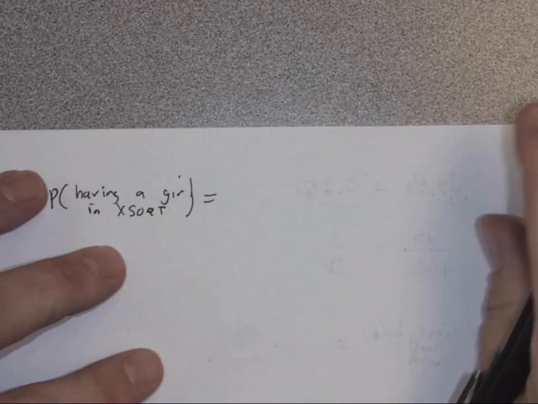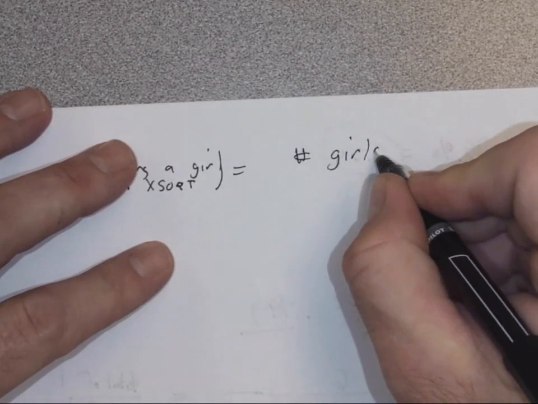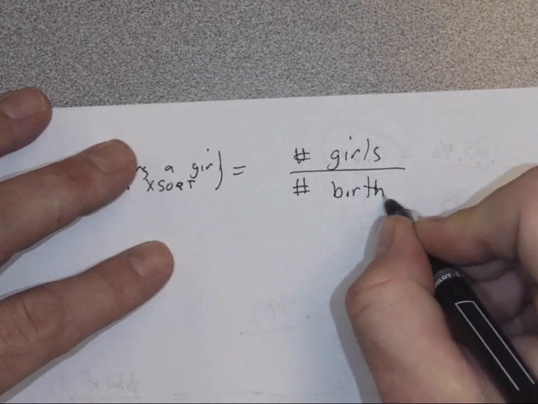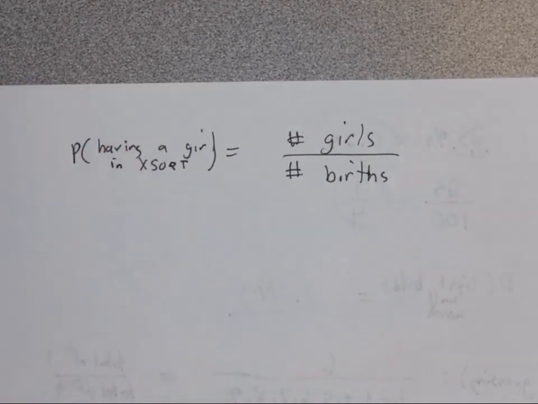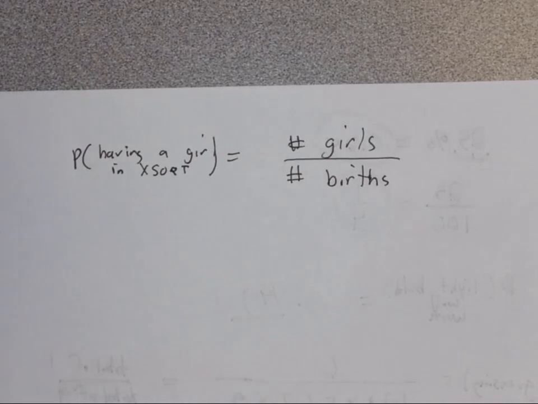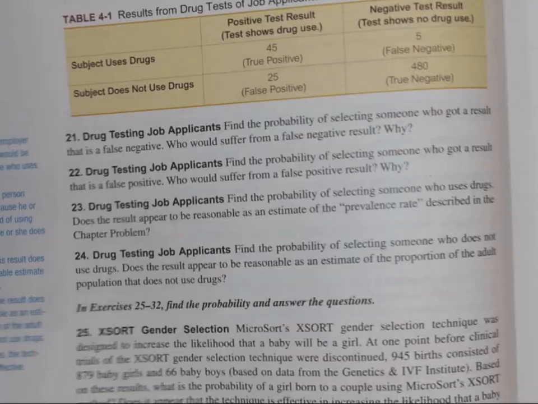The way we know this, it's going to be the number of girls divided by the total number of births, right? You guys agree? Since we're doing some kind of procedure, it's not equally likely to happen, so I can't just use the sample space. I can't just go G over BG, because once they've done this method, now you've changed the probability of having a girl. So how many girls were there?